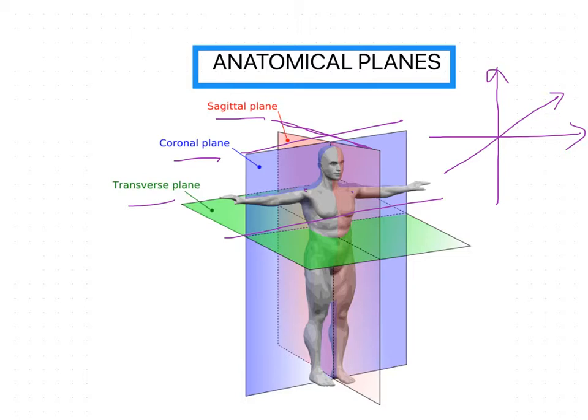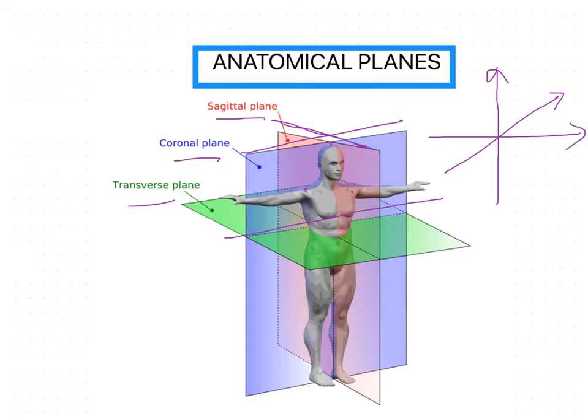Such understanding can be achieved through these anatomical planes. Also, planes are used to describe the location of a structure or organ. So these are the uses of anatomical planes.